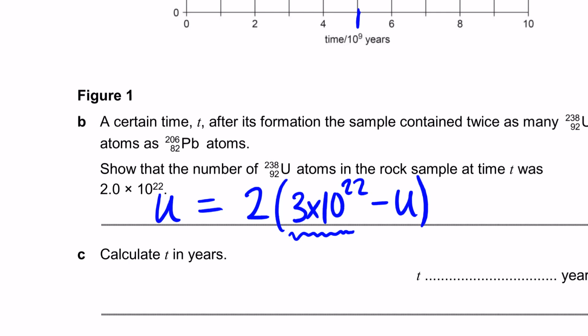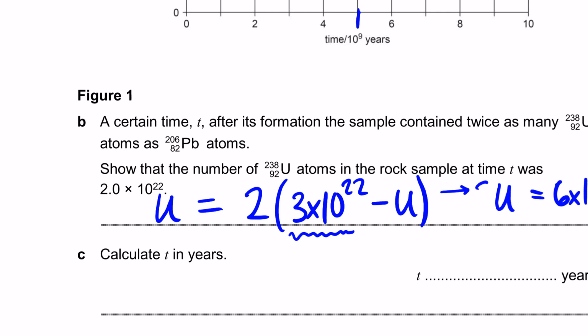Okay, so we should end up with U, rearrange that, we should get 2U, no, sorry, U equals 6 times 10 to the 22.